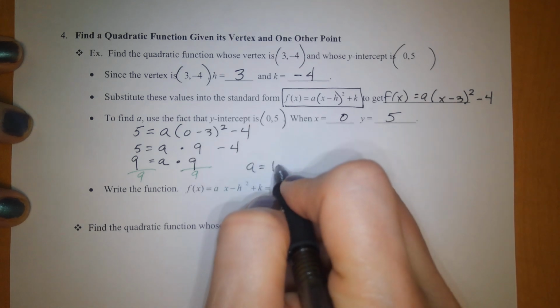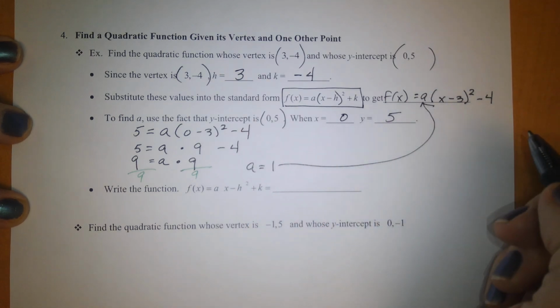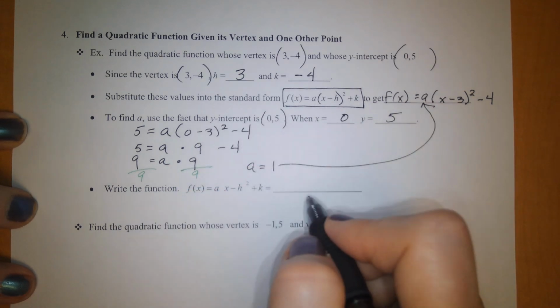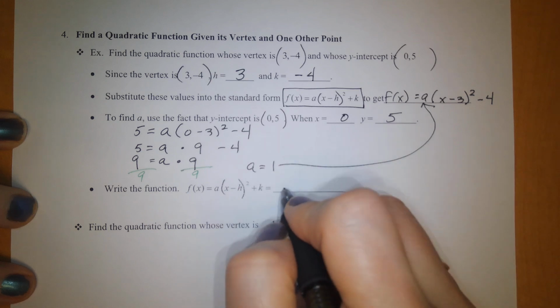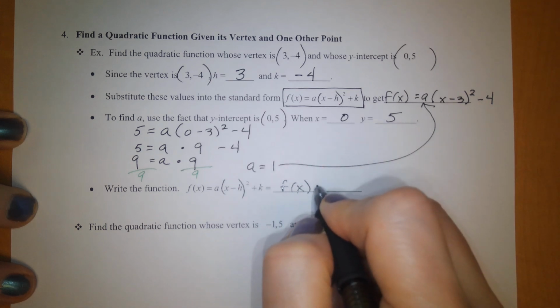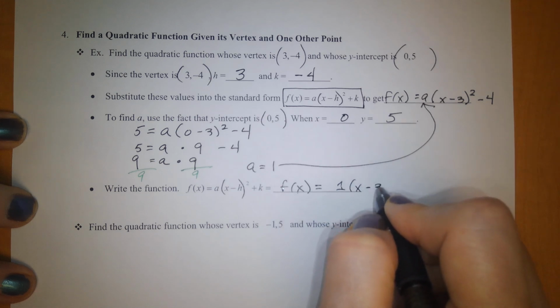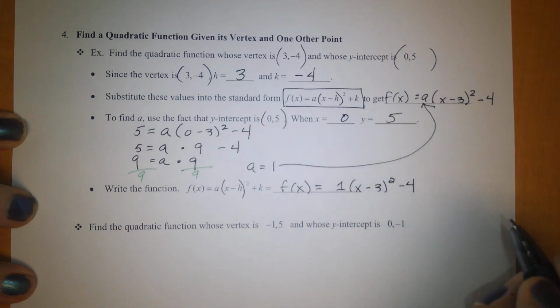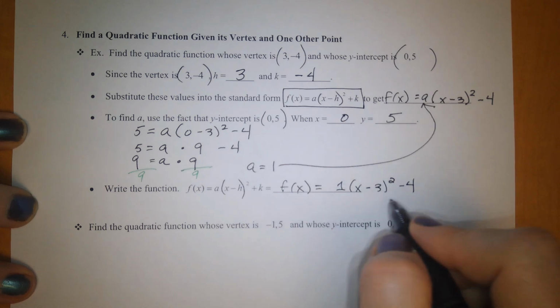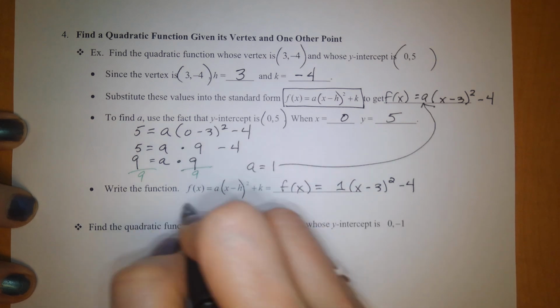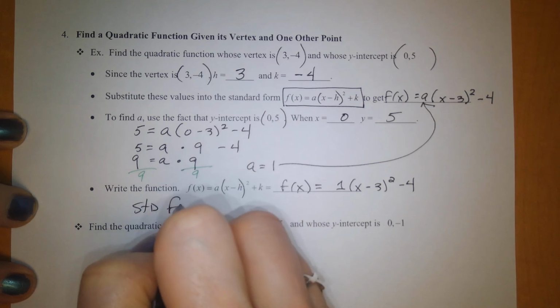So now I know a, which now I will plug back up into the original general function that we have up here. And when we plug all of that back in, we find that the function f of x is going to be equal to 1 times (x minus 3) squared minus 4. Okay? So this is the factored way to write a quadratic function. Obviously, we could write that in standard form if we chose to.